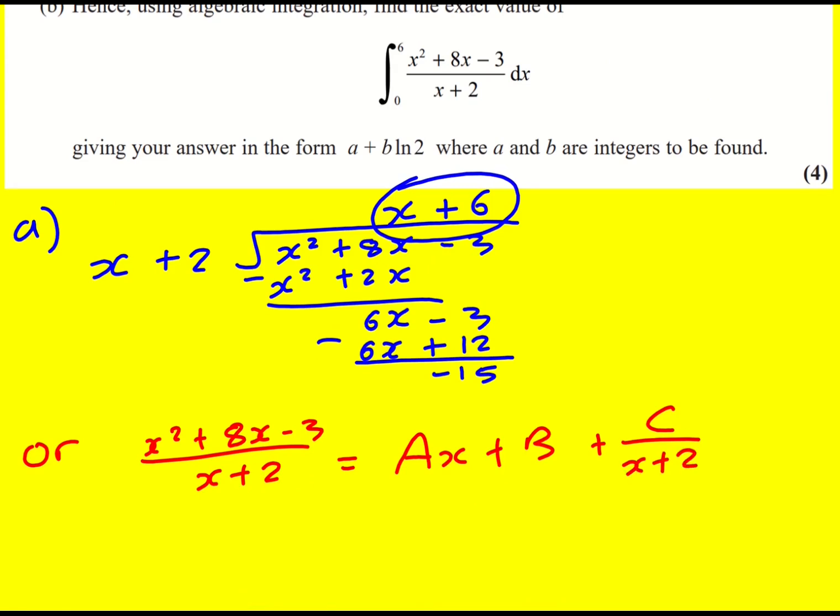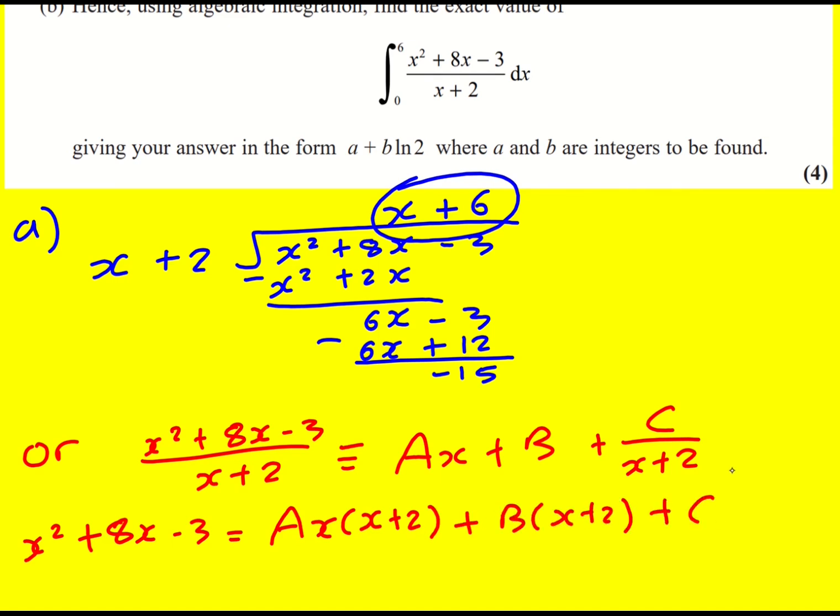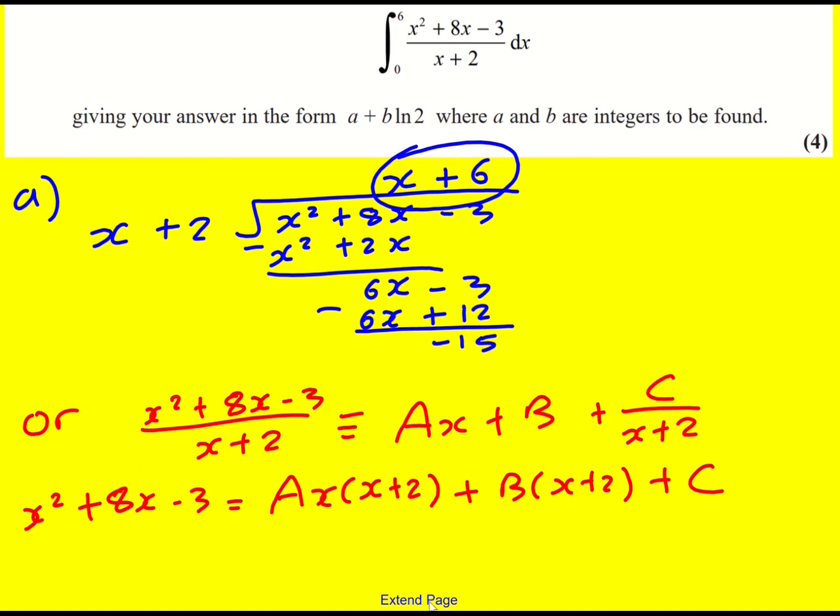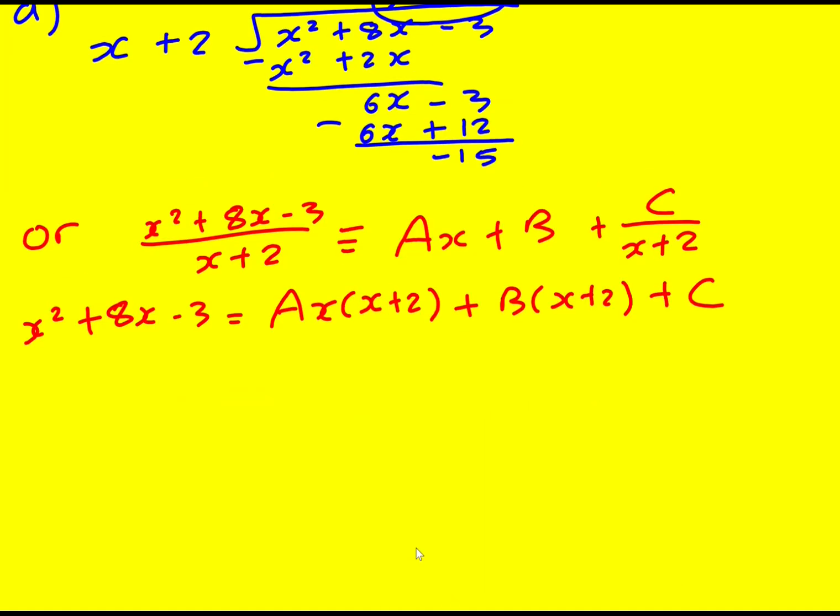What we could do is times through by x plus 2. This is an identity, sorry. It's definitely more complicated, so I'm not saying you should do it this way, I'm just saying you could do it this way. And just like with partial fractions, we'll substitute some values in.